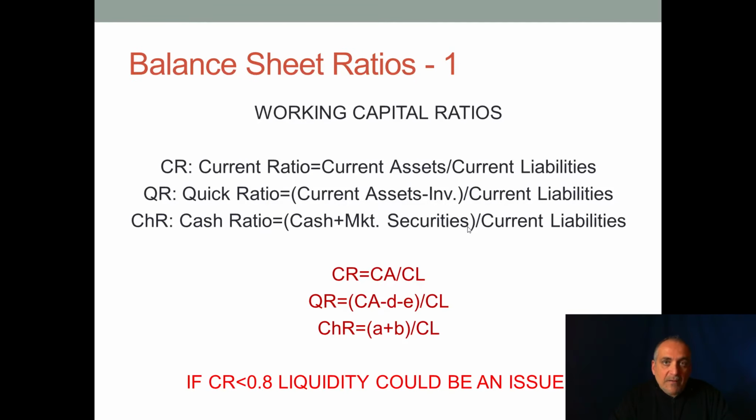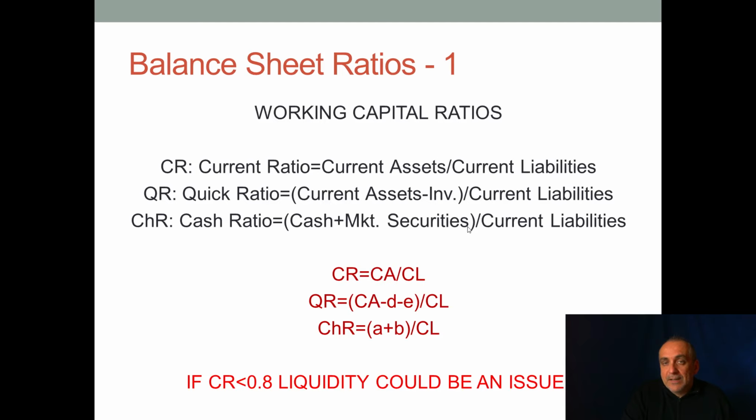We can start talking then about the analysis of what we look for when we analyze a balance sheet, and it's about working capital ratios. Something you already know. We were already calling them by their English names when we were studying them in Italian.